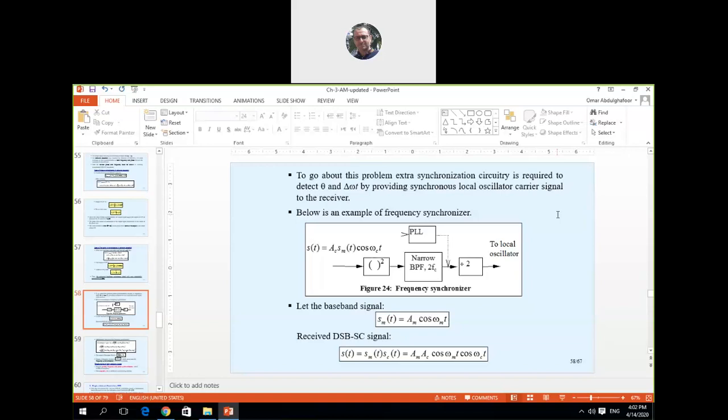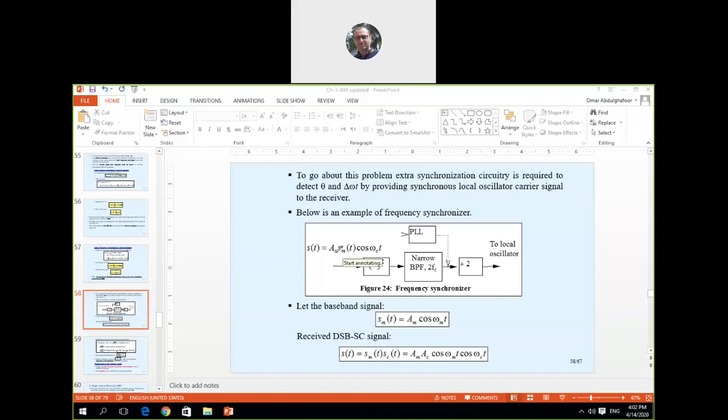This is what we call the frequency synchronizer. The block diagram of the frequency synchronizer is normally used to make sure that there is no phase and frequency distortion at the carrier signal.